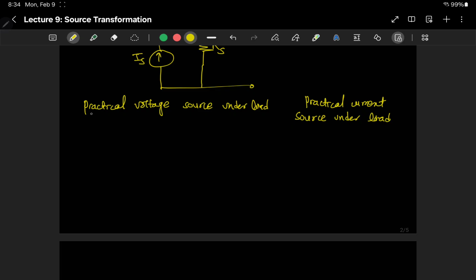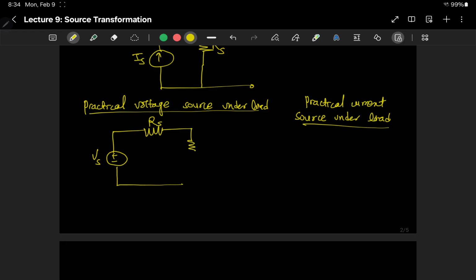The practical voltage source is basically a series resistor and a voltage source Vs, right? Under load we have an extra load, RL, with plus and minus. The voltage across RL, denoted VL, can be calculated using the voltage divider rule, which is Vs times the resistance under consideration divided by the equivalent resistance, which is the sum in case of series. Let's say this is equation 1.